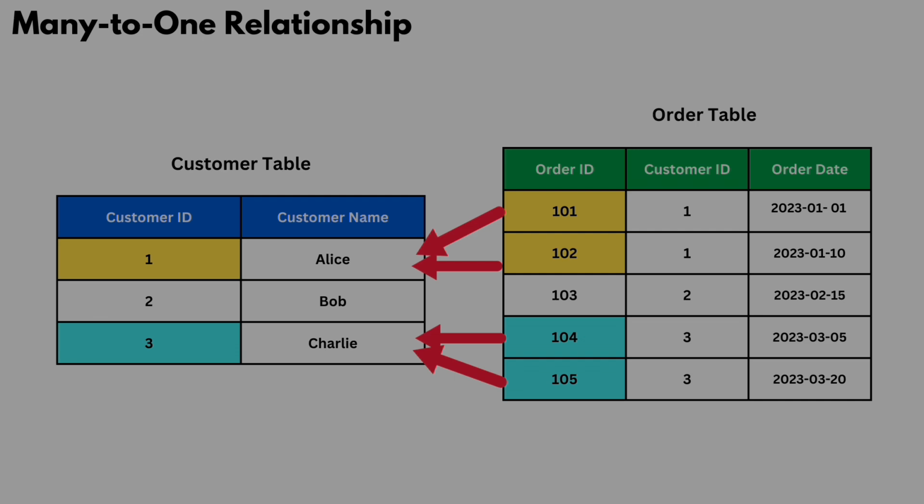That means multiple orders can belong to a single customer, and this is another way of showing that. We can see that order IDs 101 and 102 go to only one customer name, which is Alice. And the same thing applies for Charlie. In table B, order IDs 104 and 105 are two different orders which go to only one customer, Charlie.